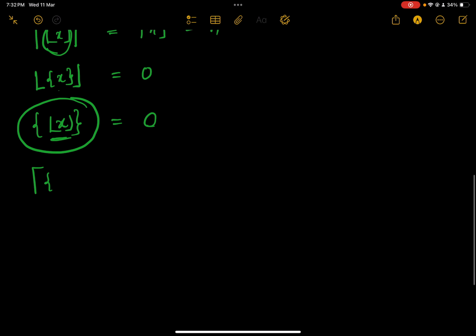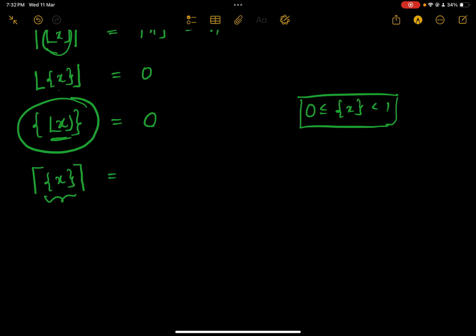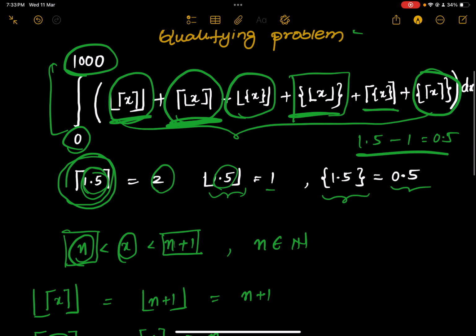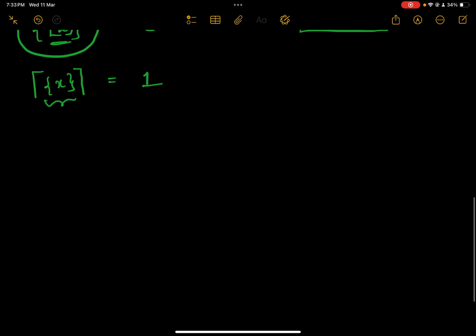Again, we know that the fractional part of x lies between 0 and 1. So if you take the ceiling of this particular quantity, you will get 1 all the time. Now let us go to the final thing, fractional part of ceiling of x.